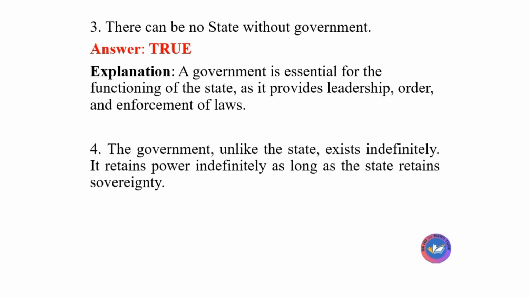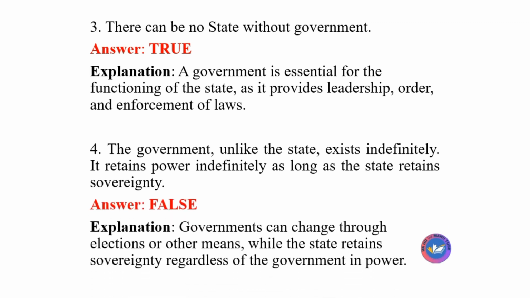The government, unlike the state, exists indefinitely. It retains power indefinitely as long as the state retains sovereignty. The answer is false, because governments can change through elections or other means, while the state retains sovereignty regardless of the government in power.